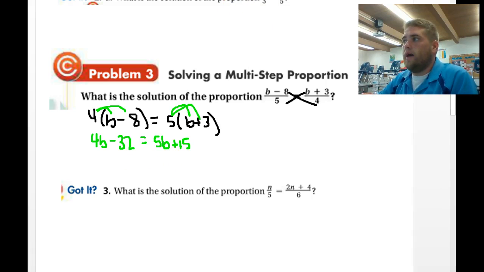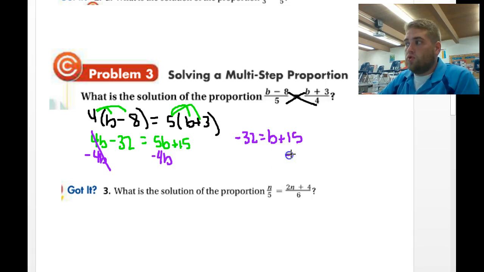I subtract 4b, I subtract 4b, my b's cancel, and I'm left with negative 32 equals b plus 15. Subtract 15, and b equals negative 47. Circle it, and there we go.